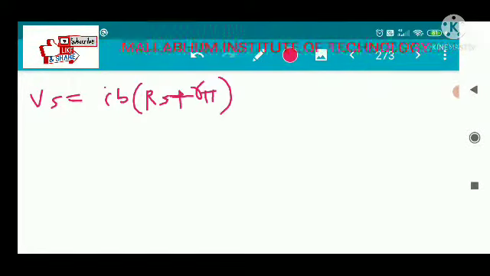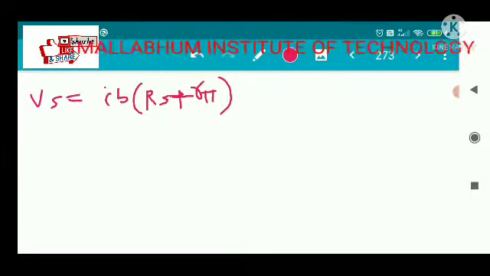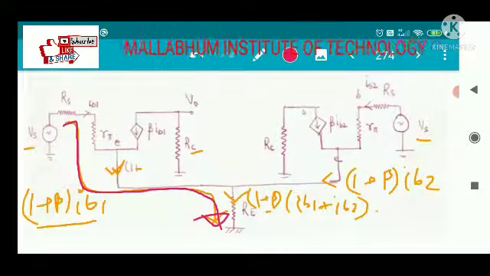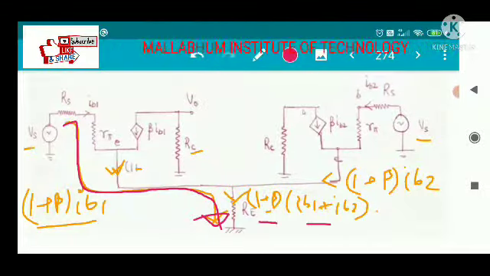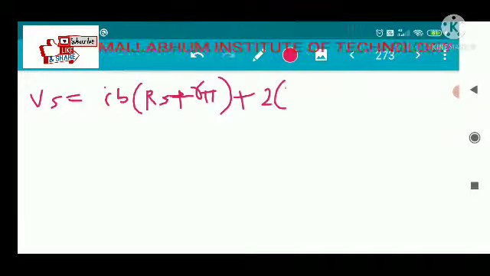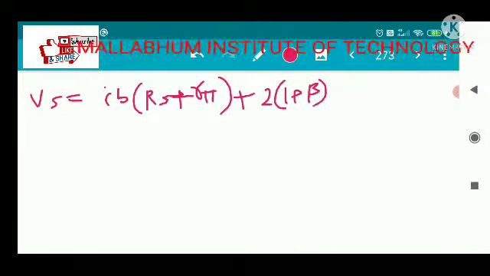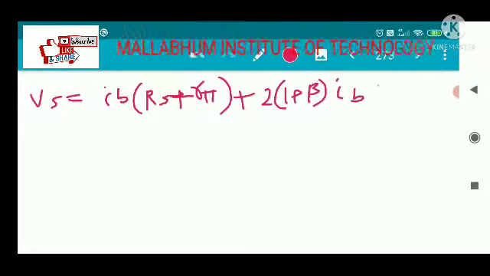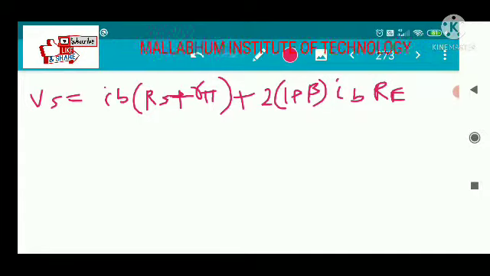R pi is the pi model of the transistor, you just see that. Plus the emitter current, (1 plus beta) times IB1 plus IB2. Because IB1 plus IB2 equals IB, that's why it is (1 plus beta) IB, into RE. RE resistance is there.